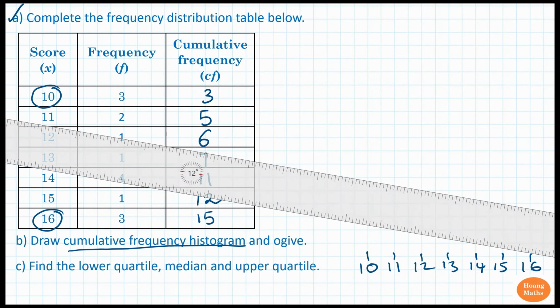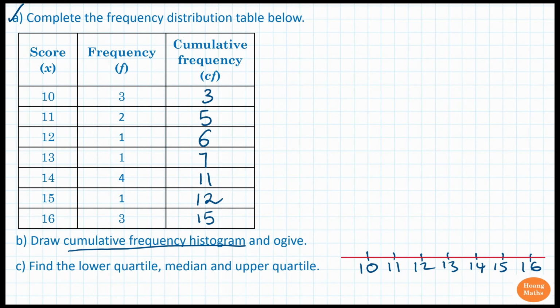So I just draw a line first. Now with the cumulative frequency, the largest value is 15 and the smallest value is 3, so we can go up by 2: 2, 4, 6, 8, 10, 12, 14, and 16.